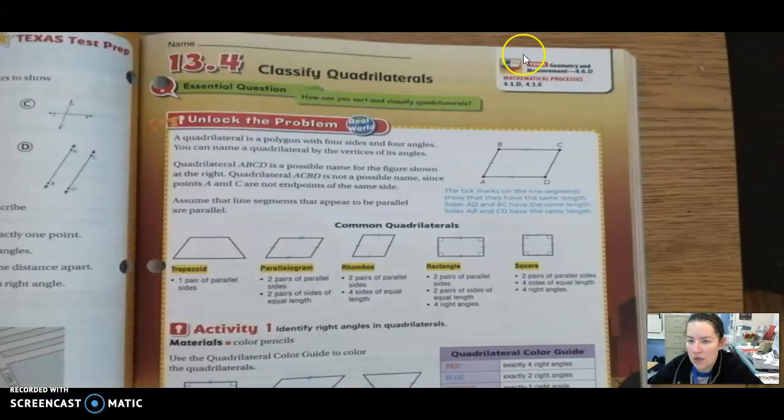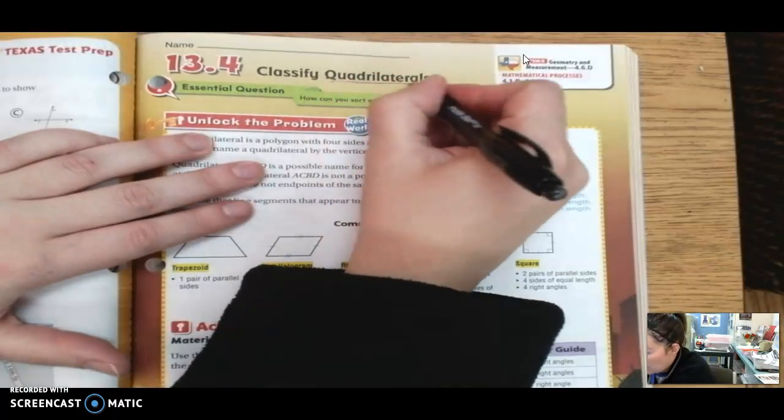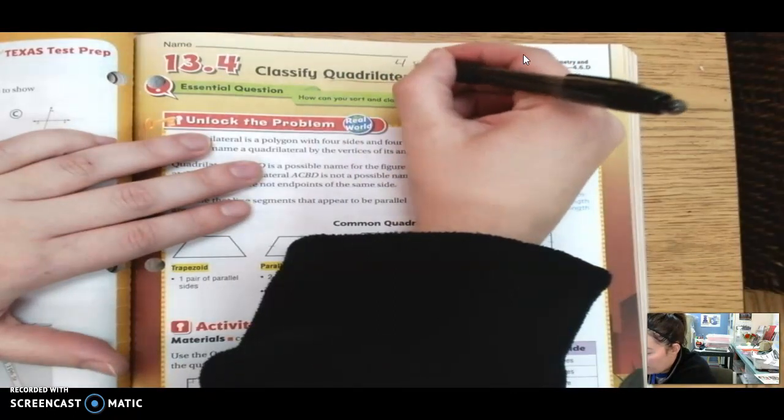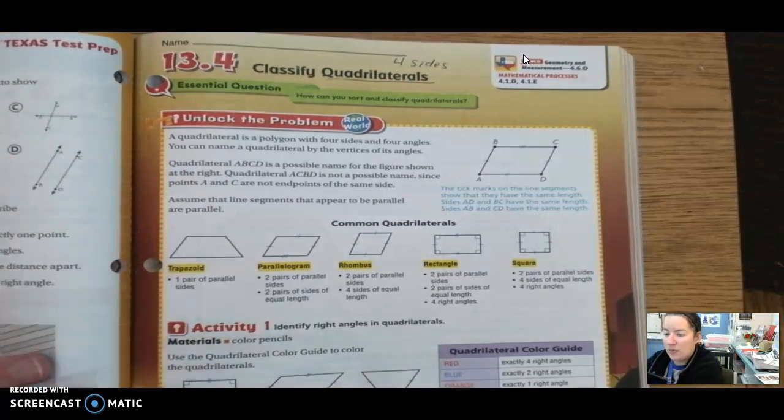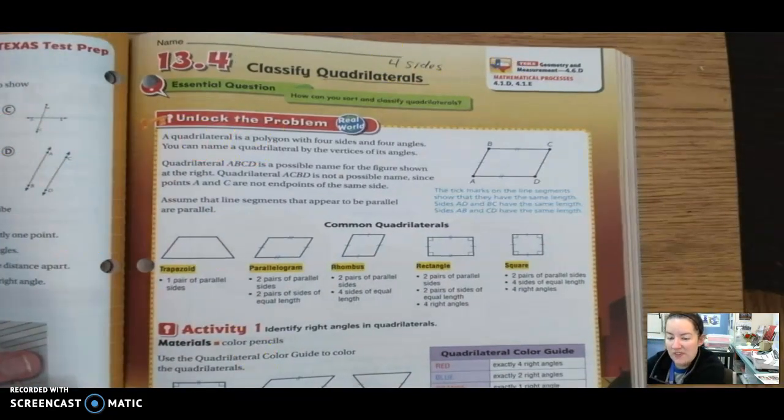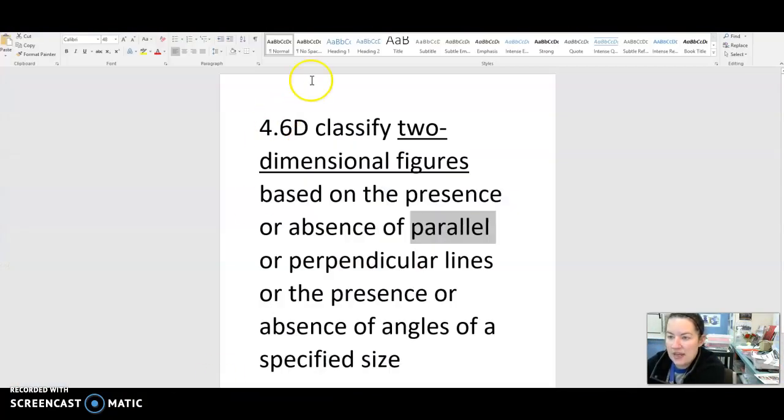Let's take a look. So in our books, this section 13.4 is about classifying quadrilaterals. A quadrilateral is any shape with 4 sides, which is a type of shape, but remember our TEK doesn't specifically just say quadrilaterals, right? It says any two-dimensional figure.